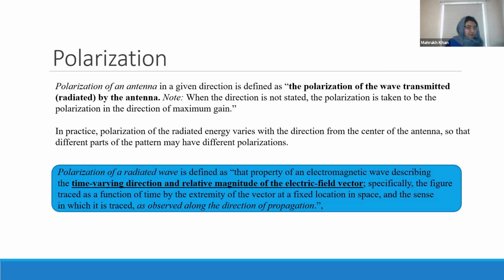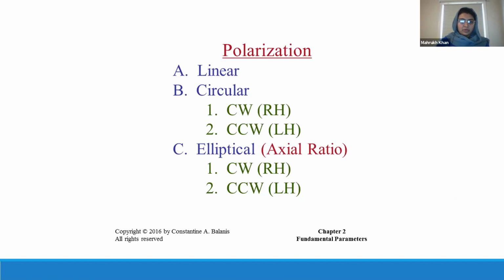There are different types of polarizations; the certain way the electric field vector orients itself, transmitting from the antenna, is the polarization. There are three types of polarization: linear, circular, elliptical. We will talk about these as well.